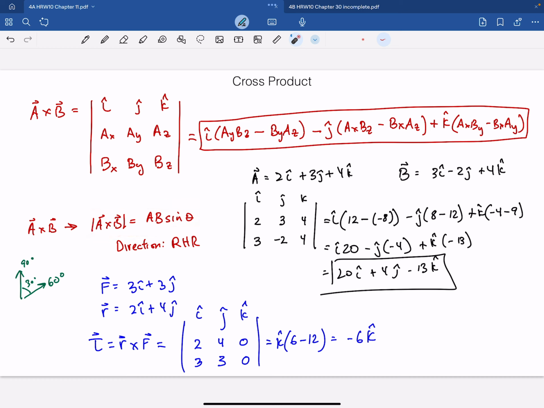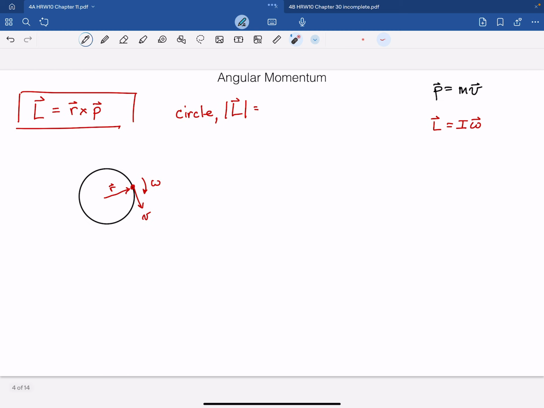It's first vector, second vector, sine theta. So that's what I'm going to do right here. The magnitude of my angular momentum is going to be first vector times second vector, their magnitudes, and then the sine of the angle between them.